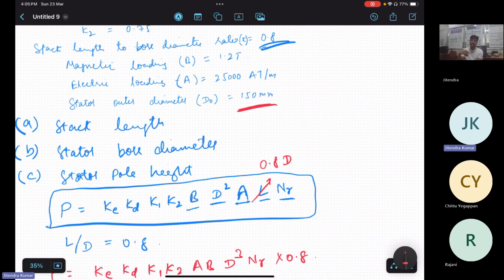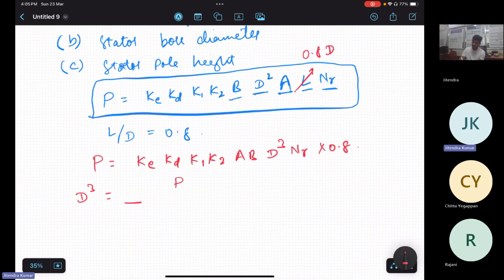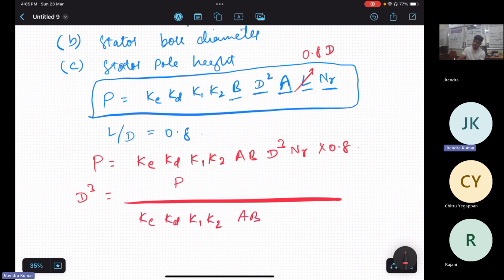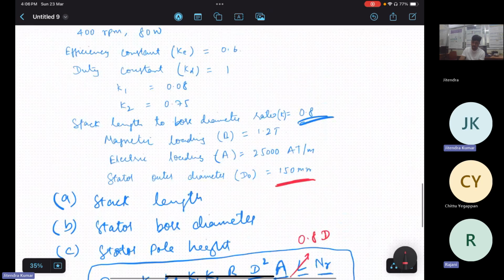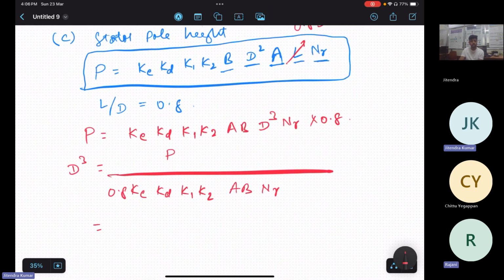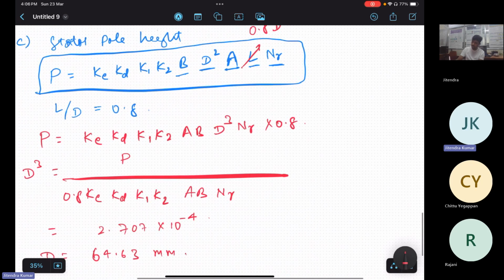So now we can calculate D cube: P divided by KE, KD, K1, K2, A, B, NR, 0.8, which will be 2.7001 into 10 power minus 4. And D is 64.63 mm, sir. Okay, let us first plug in all those values, then it would be easy to confirm.